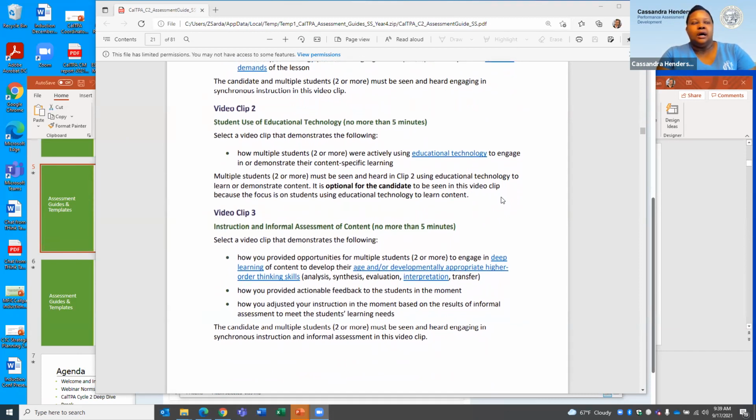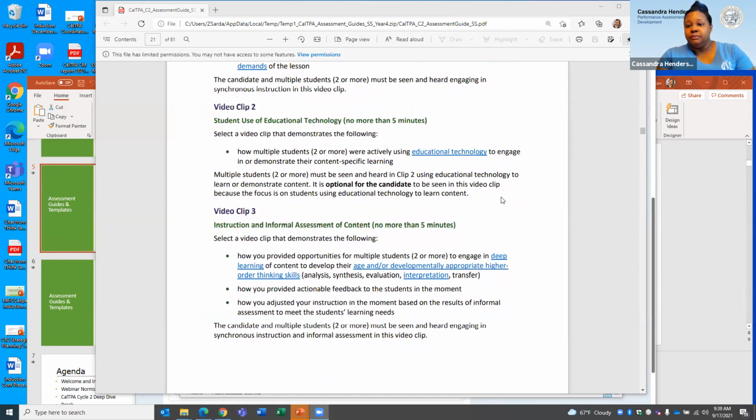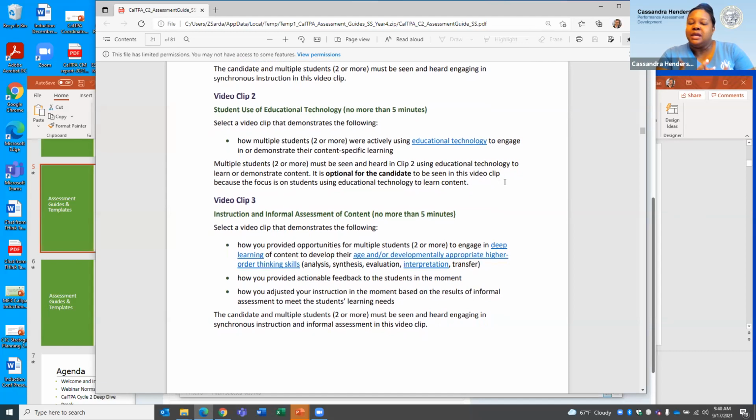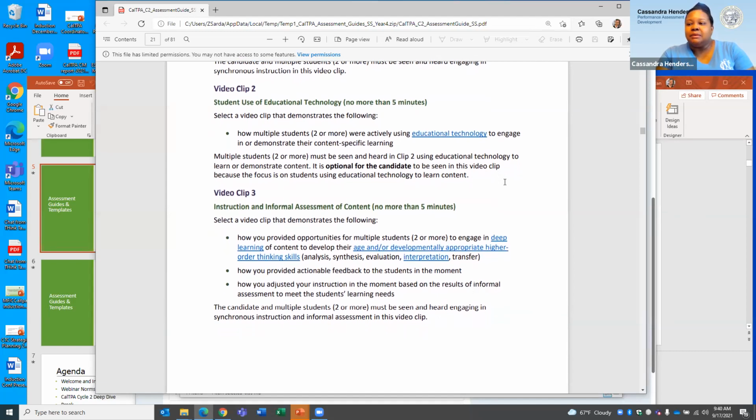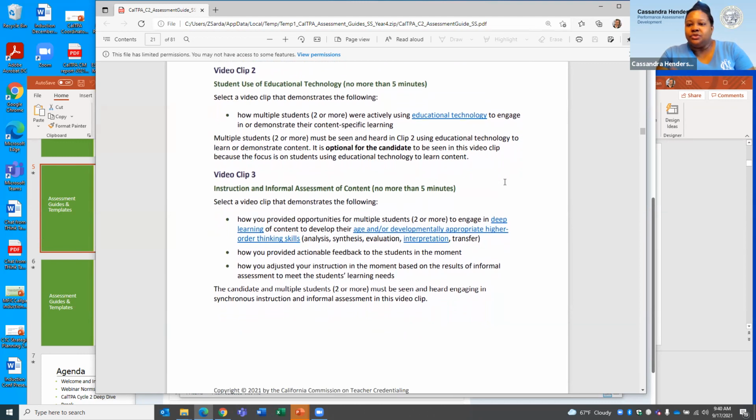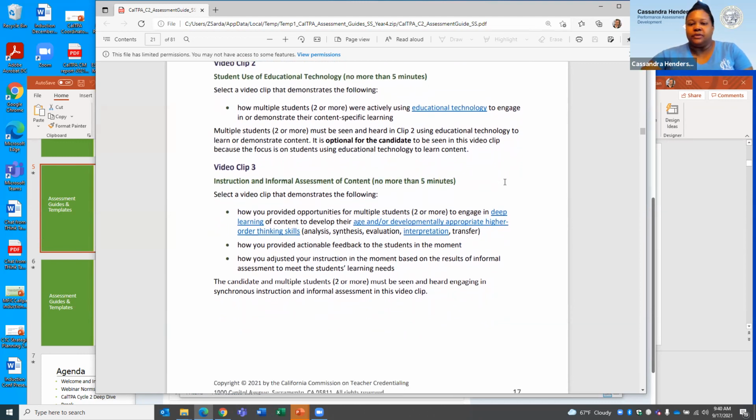Sometimes candidates will say, we're using Zoom for our class to meet as a class. That's not the type of educational technology we're talking about. We're talking about deepening content learning. Some candidates were creative and used things like Kahoots to have students group together and talk about content. That would be more along the lines of educational technology.